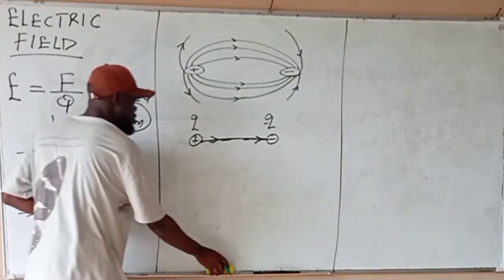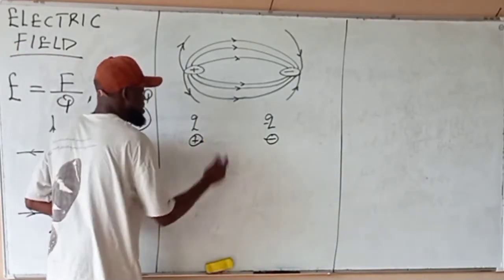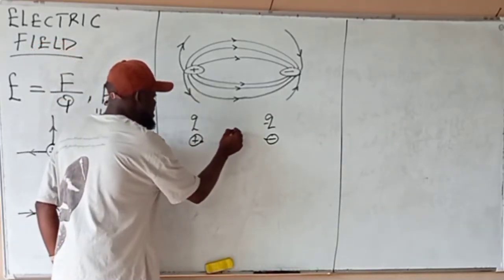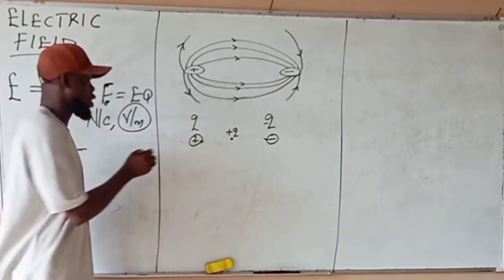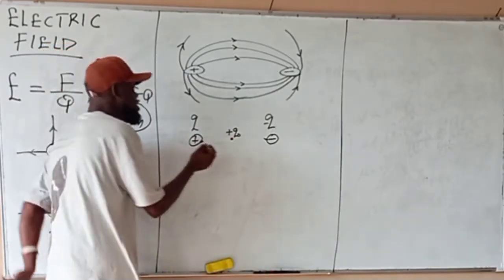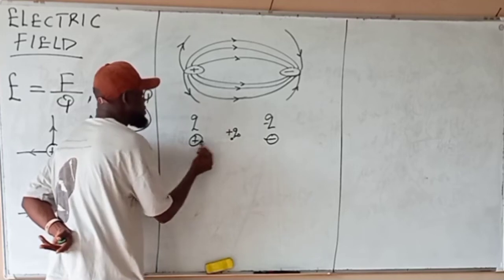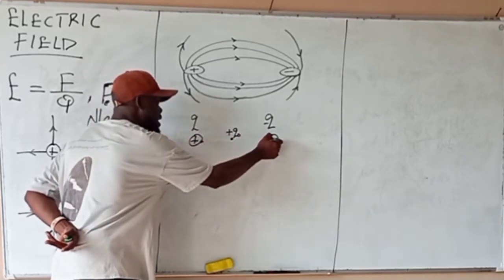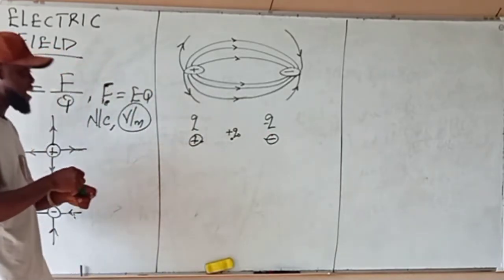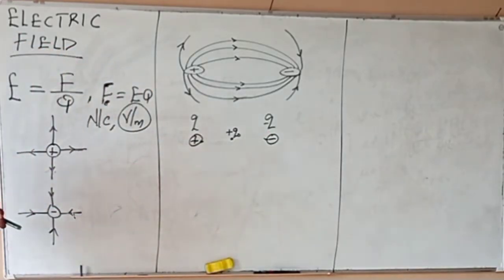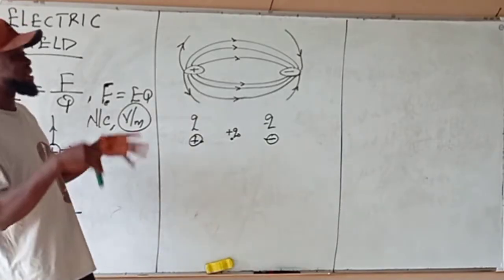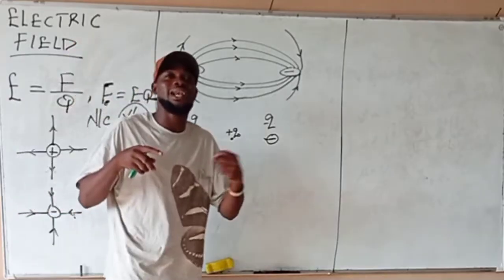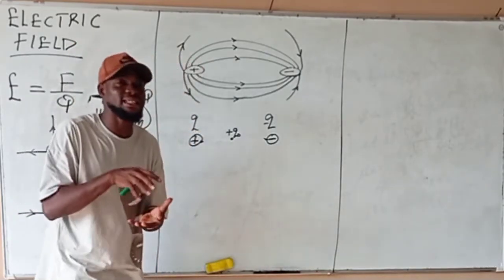Now, if I want to use the concept of test charge to find the electric field direction at this point, then you put a test positive charge at that point. We can just call it Q naught. Then you check what direction this test positive charge is going to go due to this charge and due to this other charge. Remember from Coulomb's first law, or the electrostatic law of charges, that like charges repel each other, while unlike charges attract each other.